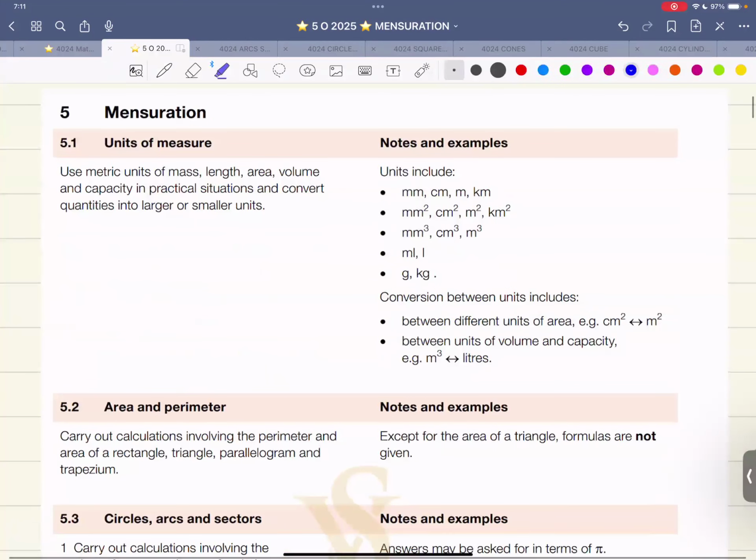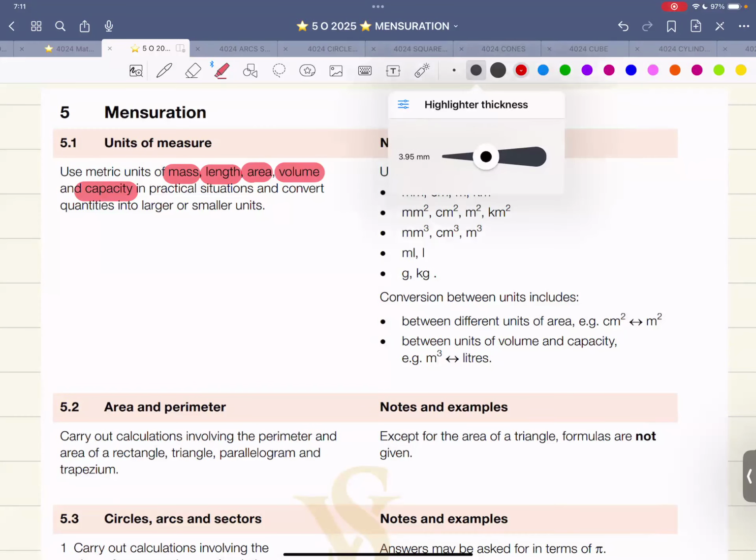So mensuration is unit number 5. We should be well aware of the units of mass, length, area, volume, and capacity. That's another name for volume. And what else is there in practical situations, and convert quantities into larger or smaller units. What are the units that we are talking about?